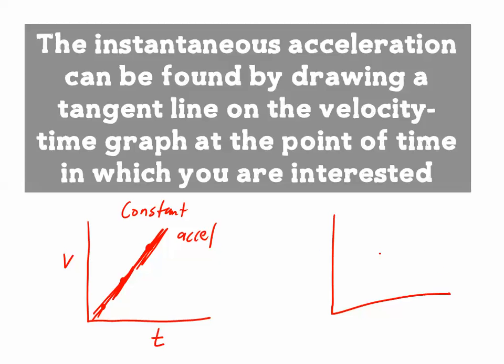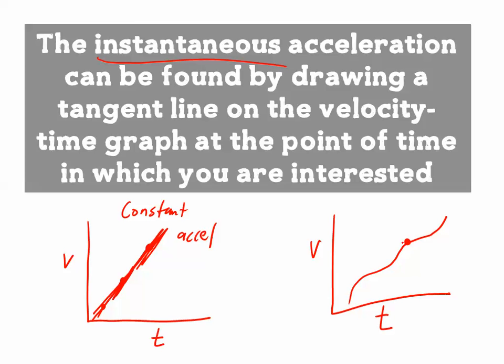Let's look at another velocity and time graph. What if your acceleration isn't constant? What if you are speeding up for a while and then you're not speeding up as much for a while, and your graph might look something like that? And I want to know the acceleration at this point, the instantaneous acceleration at that point.